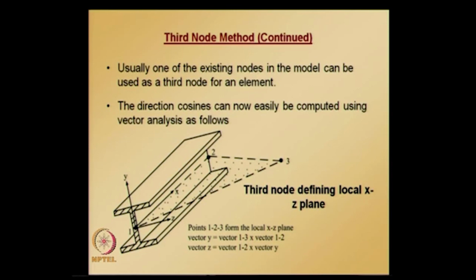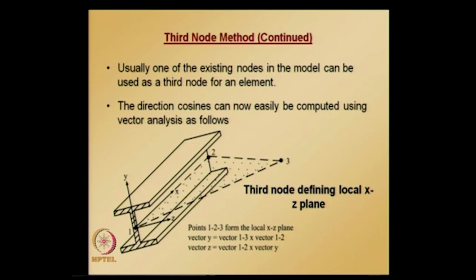Once the third node is defined, we can do all the calculations to get the vectors along the local x, local y and local z axes. Once we know these vectors, we can find the direction cosines, and once we know the direction cosines, we can get the rotation matrix through which we can do the transformation.